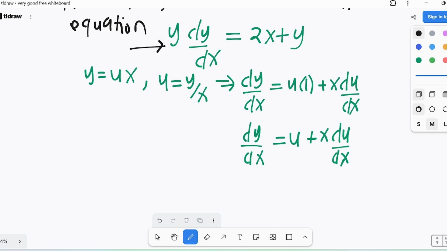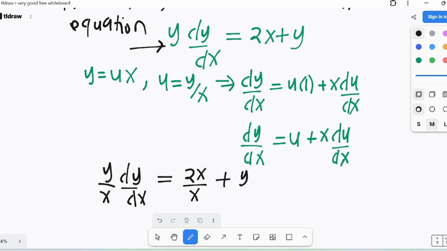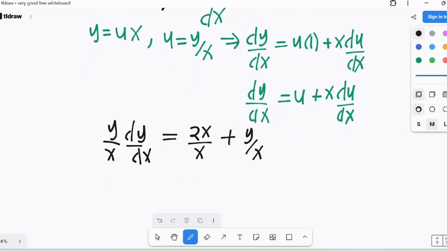So now going back to our differential equation, we divide through with x, the highest power, so we shall have y out of x dy by dx is equal to 2x out of x plus y out of x. Simplifying, we have y out of x dy by dx is equal to 2 plus y out of x.